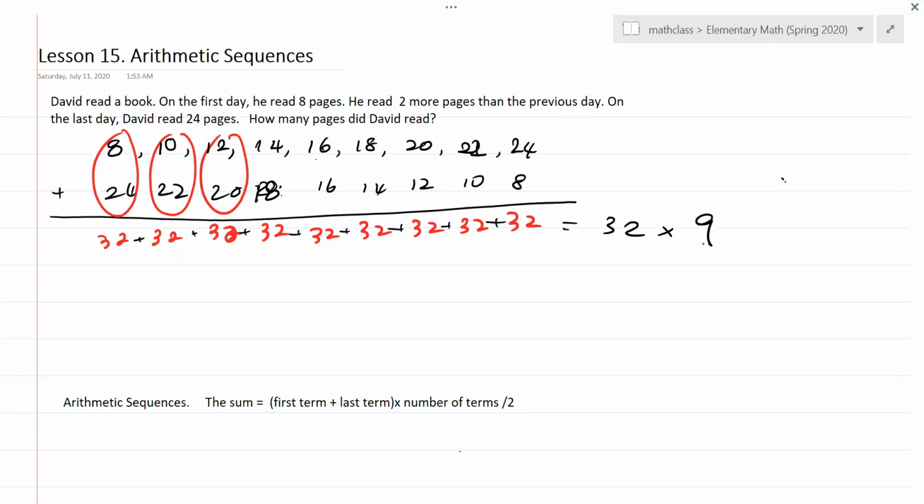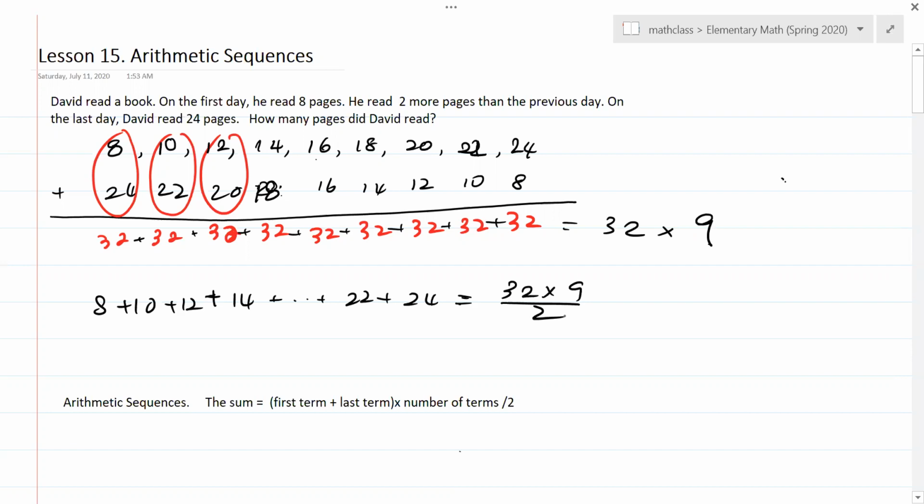But 32 times 9 is the sum of those 2 sequences. But those 2 sequences are identical. I just reverse the order, right? So that means if we want to find the sum of the numbers in one sequence, I just need to divide this sum by 2, right?